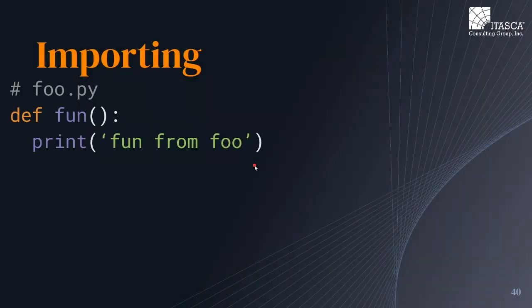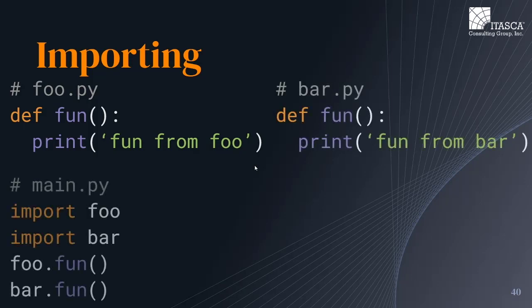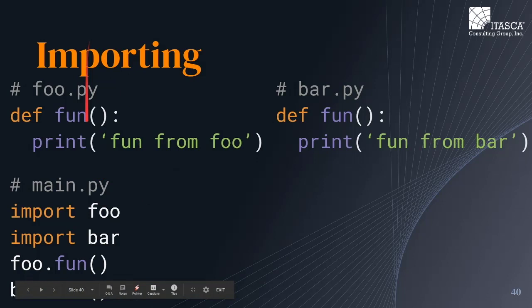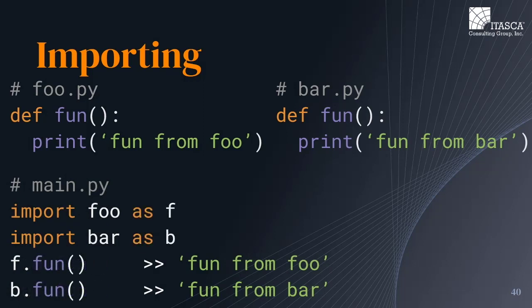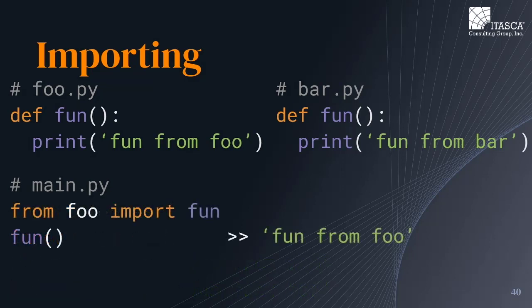We can see this example played out here through the slides. In some external script, we import the foo script and the bar script, and then we can see that running foo.fun and bar.fun outputs their respective messages. Additionally, you can use the as keyword to change the name of an imported package or function, as well as specify specific methods within the package to import.